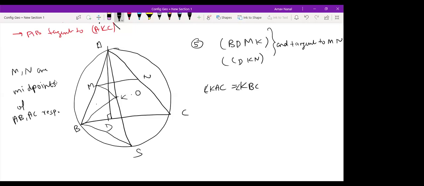So if we call that theta, or some variable, then we have angle KAO is equal to theta plus B minus 90 degrees. I mean, angle OAN is 90 minus B, and angle KAN is theta.